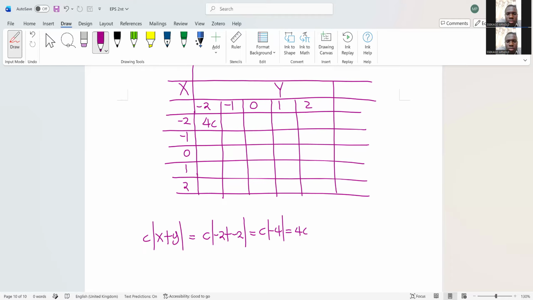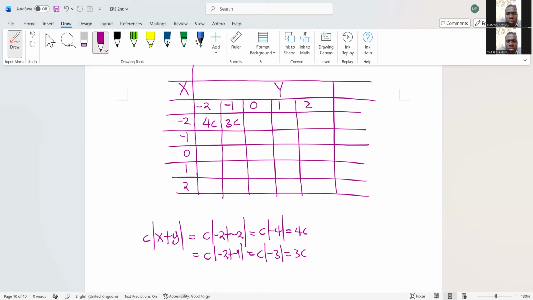Then for the second entry, x is -2 and y is -1, so I have C absolute -2 plus -1, which is C absolute -3, which is 3C. Then for the next entry, x is -2, y is 0.